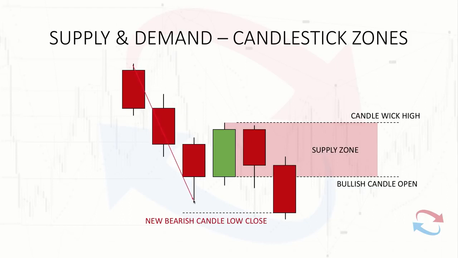If this is the new low, we need to see a bullish candle, and then we need to see a bearish candle. It doesn't matter whether this bullish candle's wick is the highest, or if this candle's wick was higher than that one. What we're looking for is just the lower high and lower low sequence.